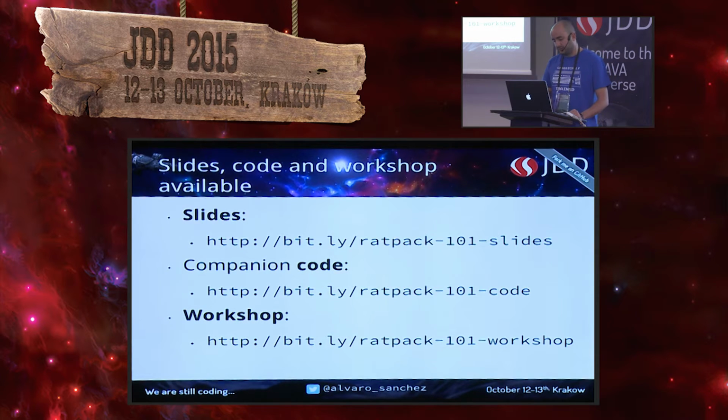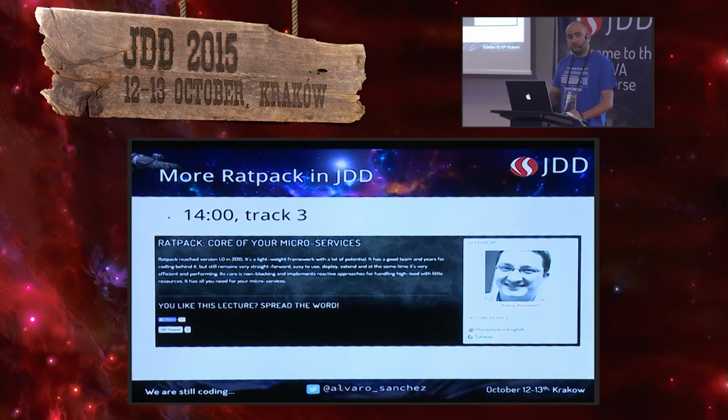So don't try to copy anything because everything is published on GitHub. If you happen to want to learn more about Ratpack, this afternoon at 2 p.m. on Trackstreak, Andre, who is here, is giving a workshop about Ratpack, so go there.